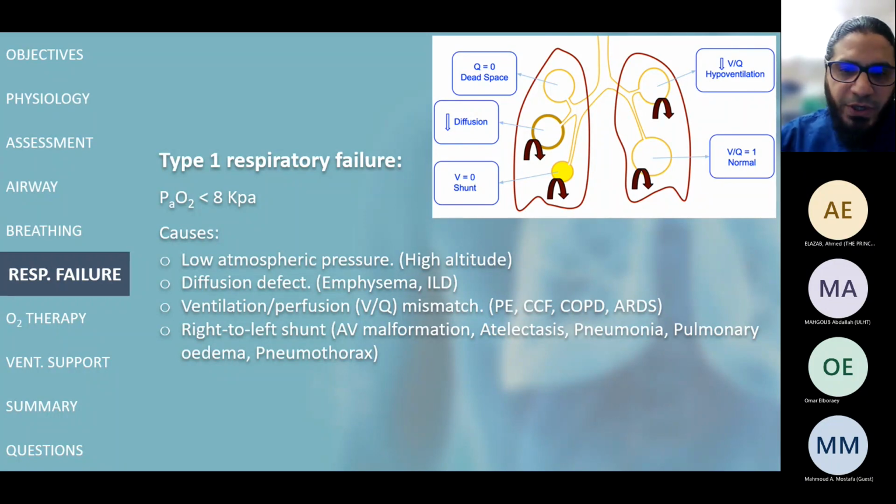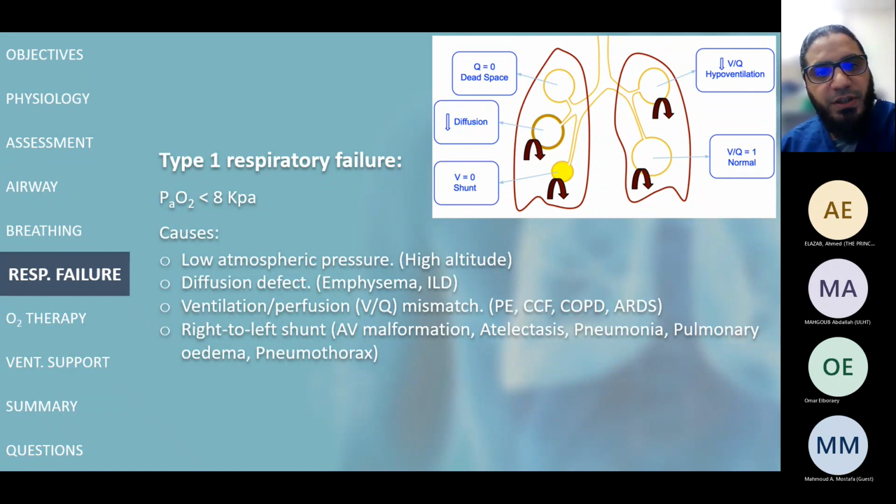There is a wide variety of causes that can lead to type 1 respiratory failure, but I've tried to summarize them in 4 main categories. If we take it from outside inwards, if you have low atmospheric pressure or low FiO2, like in high altitude, this can cause type 1 respiratory failure.